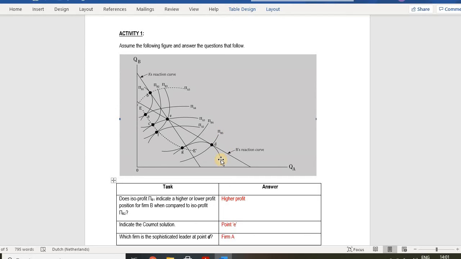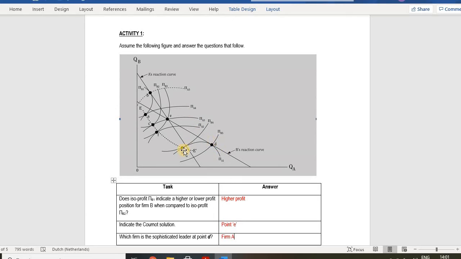Firm A realizes a profit of A1. And we said at the beginning that firm A realizes the highest profit at A1 because we looked at this reaction, and in this reaction the highest profit here is A1. Okay, and then followed by A2, A3, and so forth.